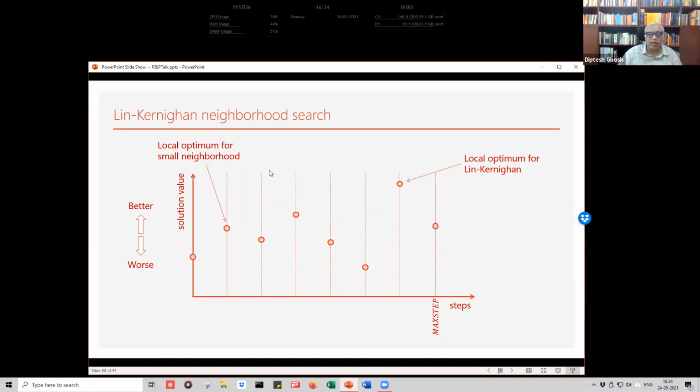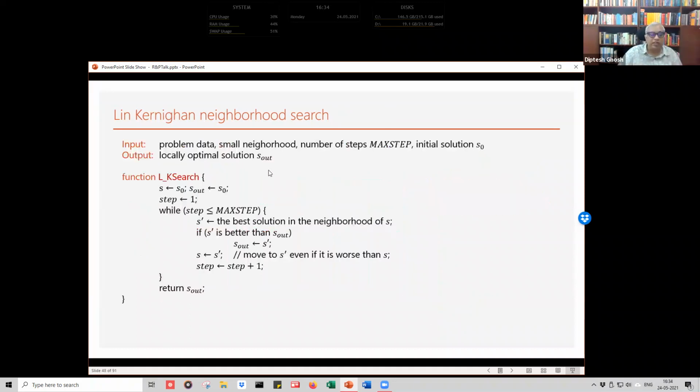So what is a Lin-Kernighan iteration? A Lin-Kernighan iteration is: I start out with my initial solution and then I go so many steps. For every step, I find S prime, which is the best solution in the neighborhood of S. If that solution is better than whatever I've found so far, I will update my best solution.